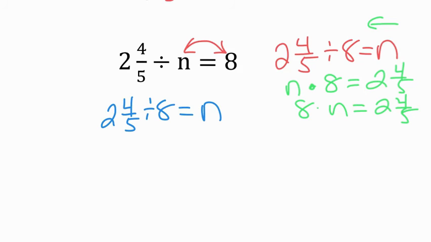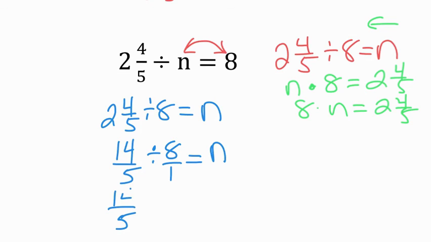Again, we're looking for the value of n. So I need to change everything into improper fractions. So I get 14/5 divided by 8/1 equals n. I need my common denominators, which will be 5. That doesn't change. 1 times 5 is 5. 8 times 5 is 40 equals n.